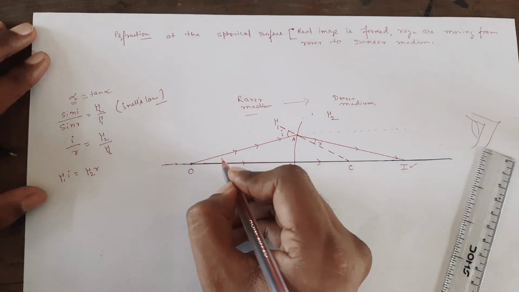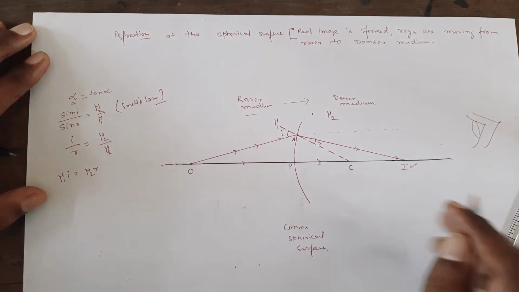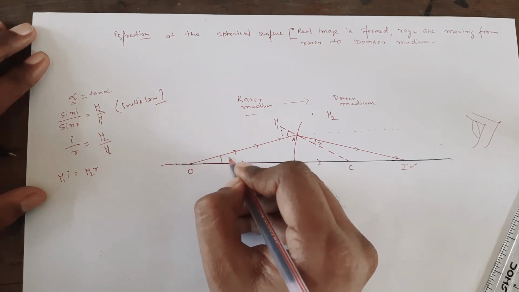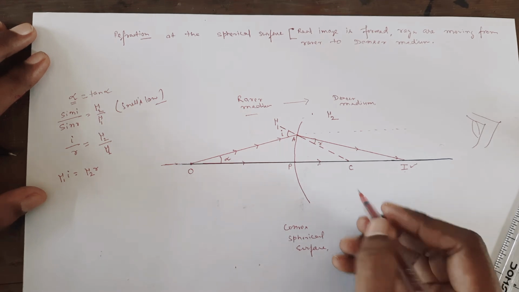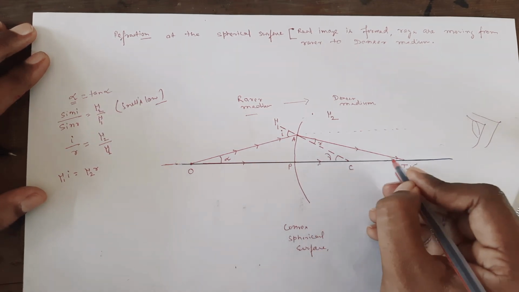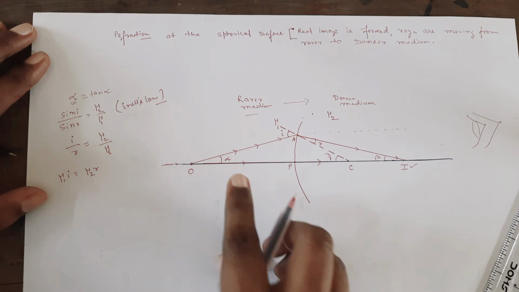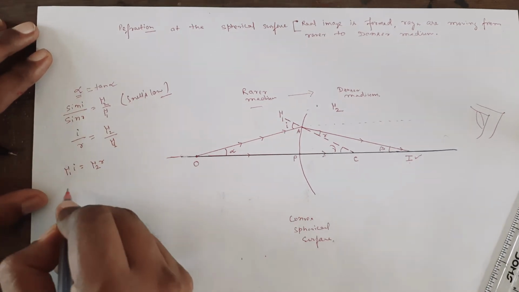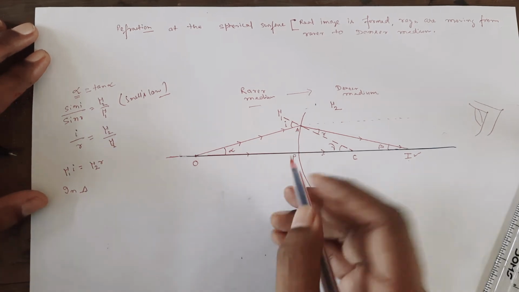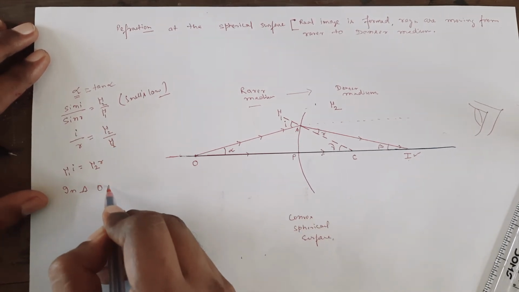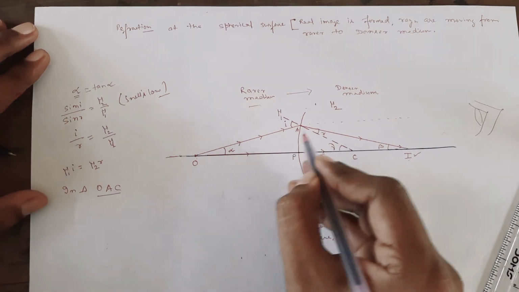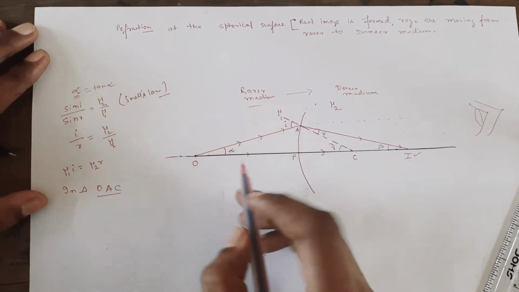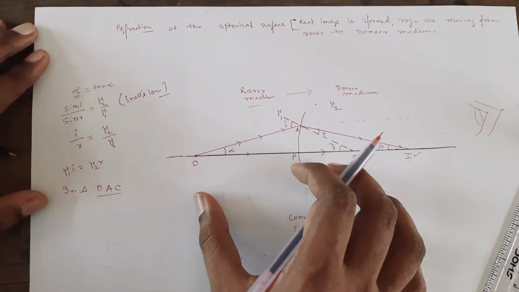Now let us name some angles. Let us suppose this one angle is alpha, this one is gamma, and this one is beta. So in triangle OAC, is there any external angle?